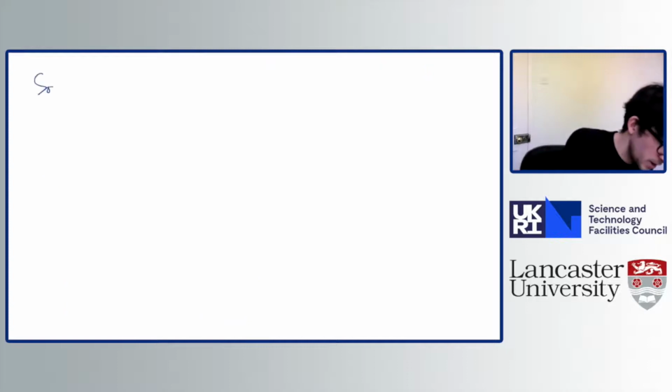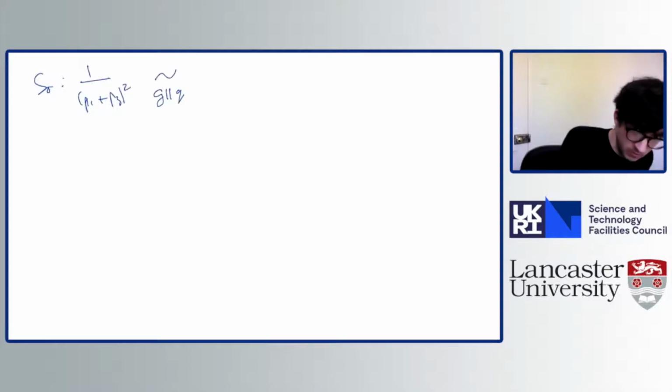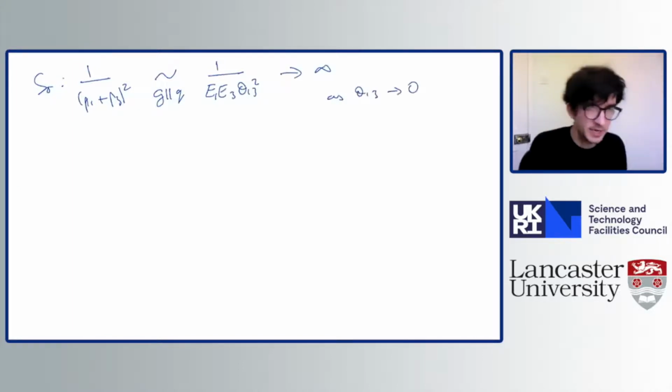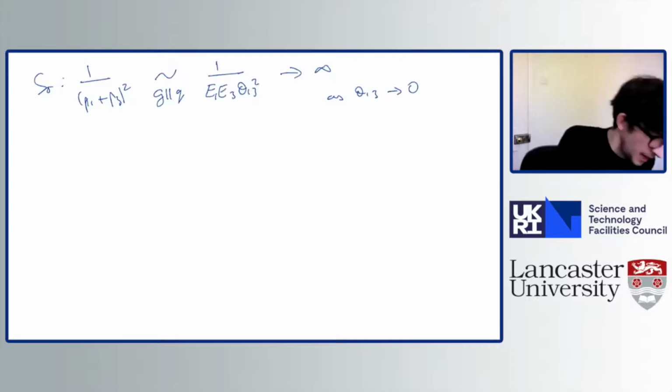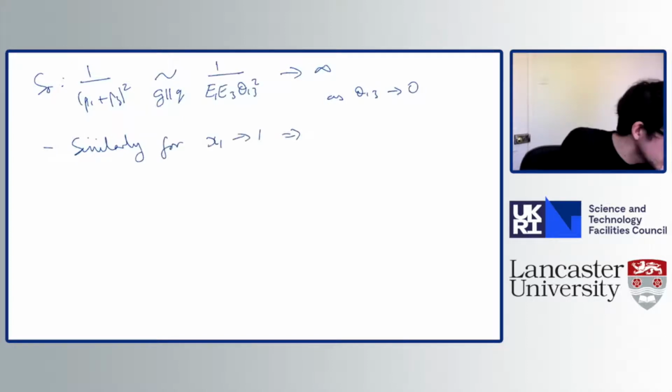And so 1 over P1 plus P3 all squared goes like, when the gluon becomes collinear to the quark, 1 over E1 E3 theta 1,3 squared. And indeed that goes off to infinity as theta 1,3 goes to 0, just to restate the point. Similarly, one can do it with the other diagram for x1 goes to 1, and that would be theta 2,3 going to 0.